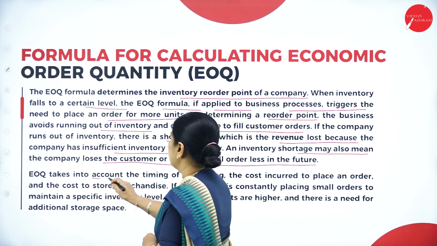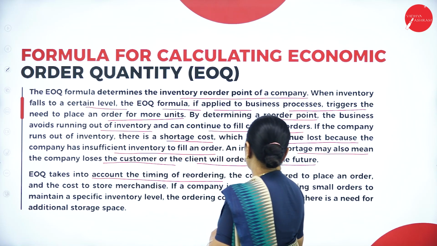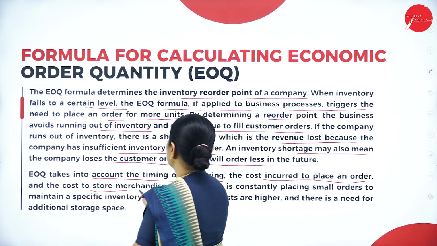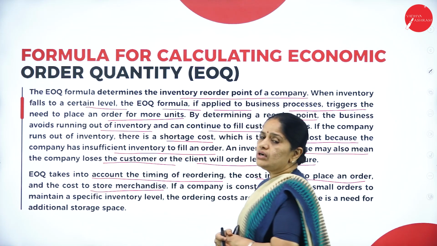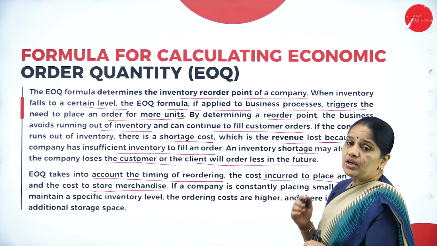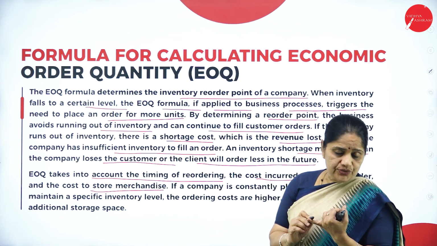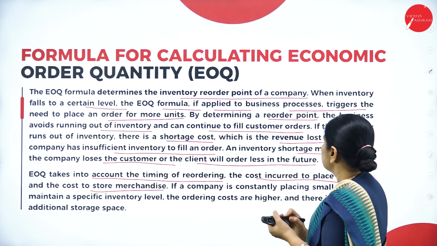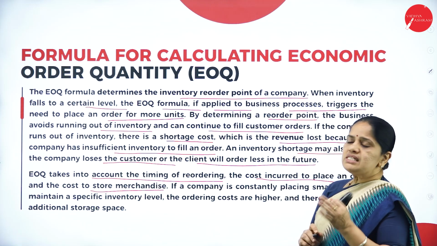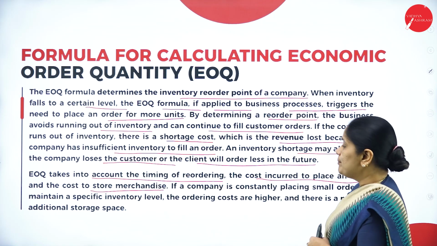So the EOQ takes into account the timing of reordering, the cost incurred to place an order, and the cost to store the merchandise. So the EOQ model takes into account the timing of the ordering. What is the time at which we have to reorder the materials? Second one, what is the cost of placing an order? Third one is what is the cost to store the merchandise.